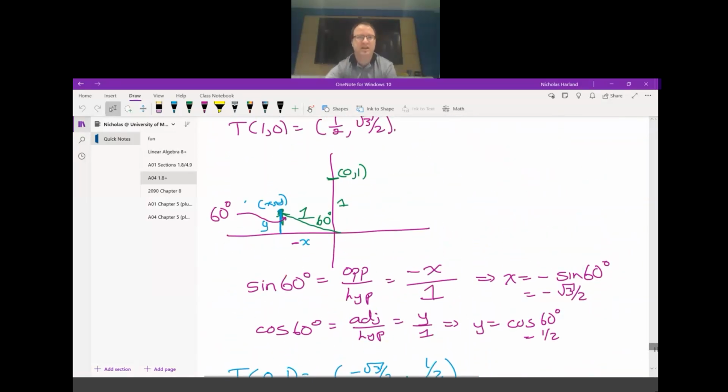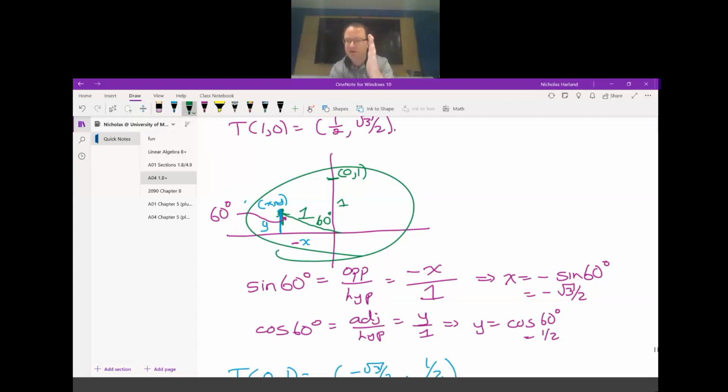The reason the x was negative is wrapped up in the picture we saw on Tuesday. Since we're starting at (0, 1), and we did this from the point of view of theta being positive, if we rotate it, we're no longer going into quadrant 1, we're starting by going into quadrant 2, which means the x would be the negative of what sine theta would give us.